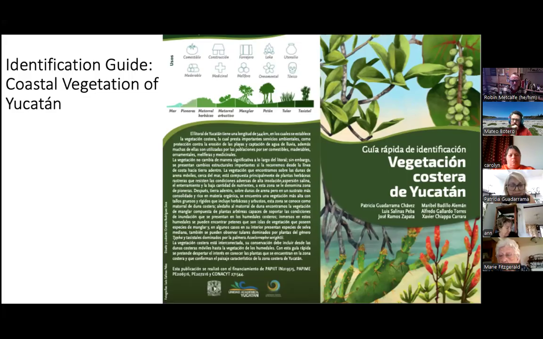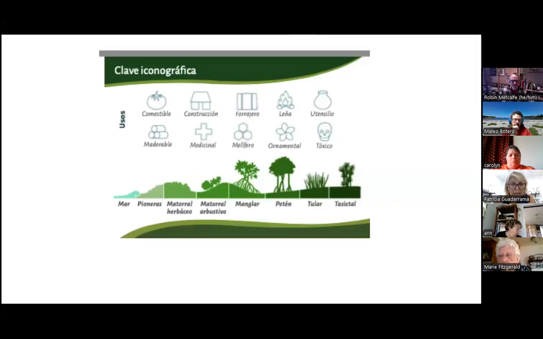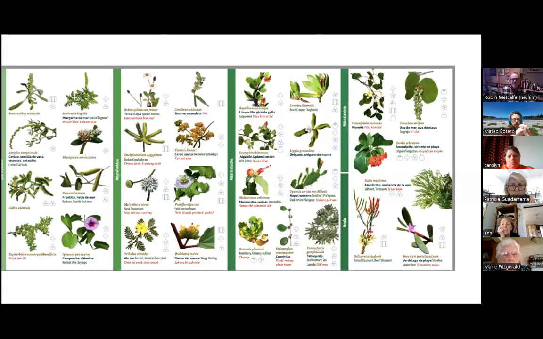Also any traditional practice and uses, for example, is it medicinal? Is it edible? Does it have cultural or ornamental value? Finally, take photos. It's important to take a lot of photos.